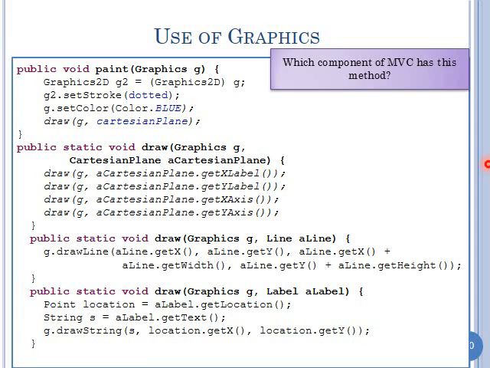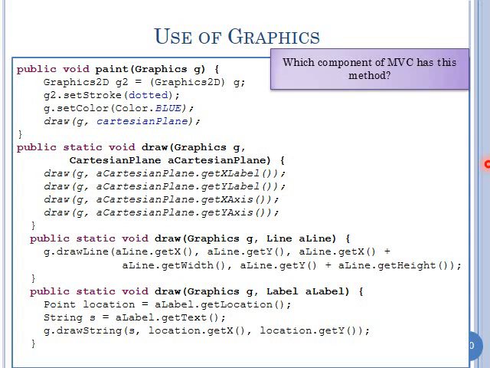So this paint method must then be in which class? We've got two choices. We've got no controller. The view. Okay? This is what view really means, right? View in the text box is not as exciting as view in graphics, perhaps. So this paint method must be in the view.